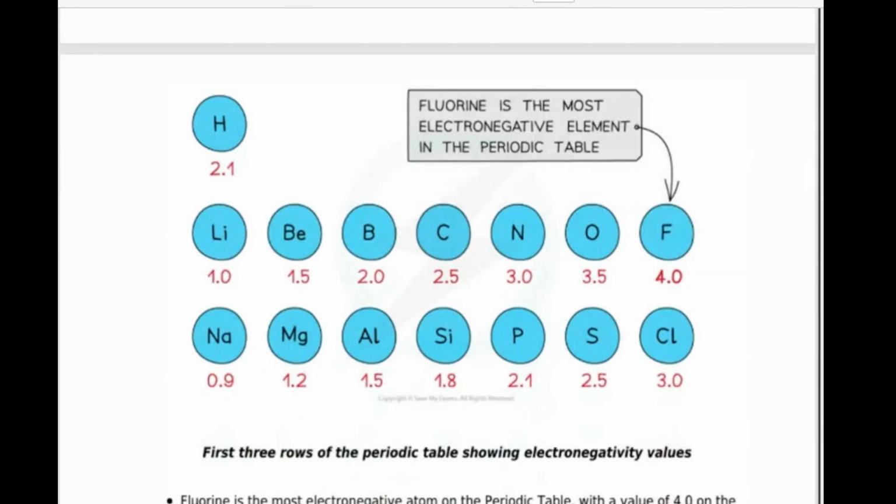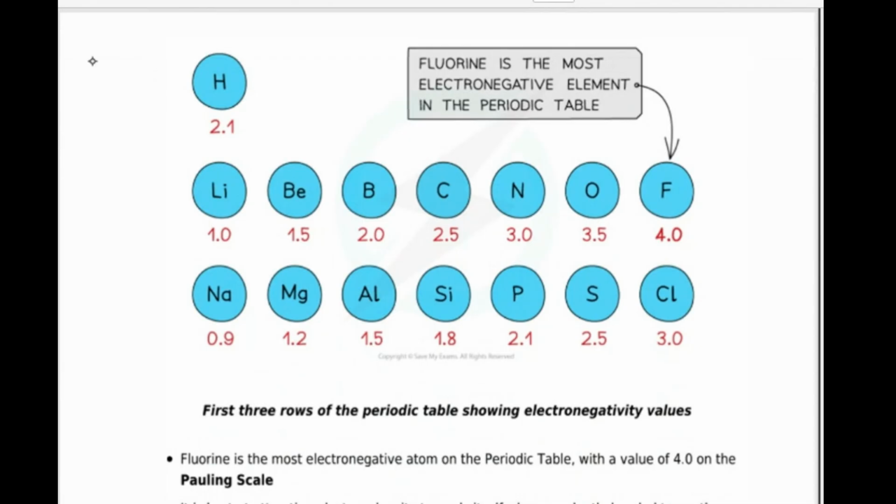So we need to remember that fluorine is the most electronegative element known, right? In the periodic table, fluorine is the most electronegative and it has the maximum electronegativity value, which is 4. The rest of the elements have been given electronegativity values less than 4.